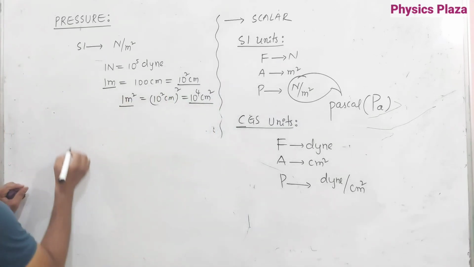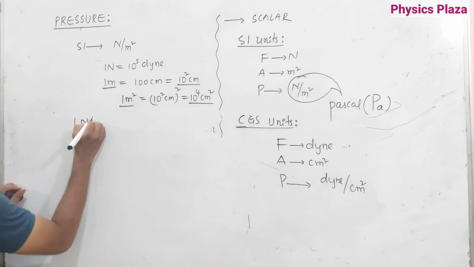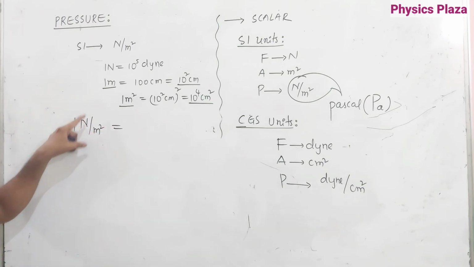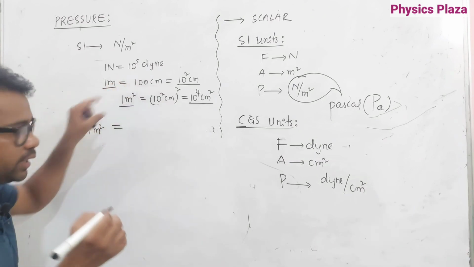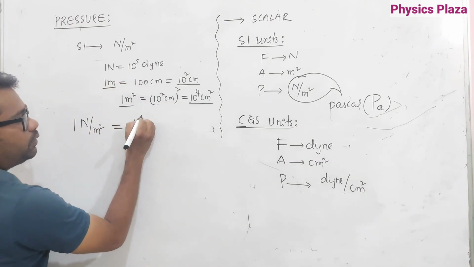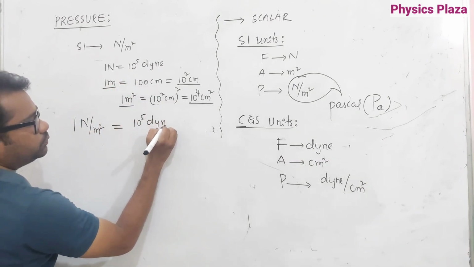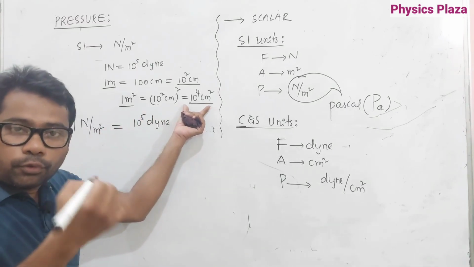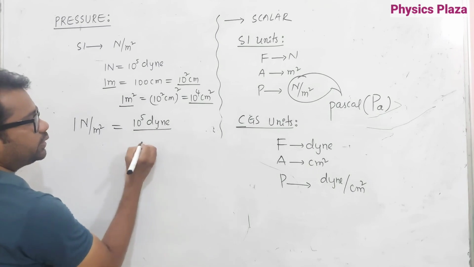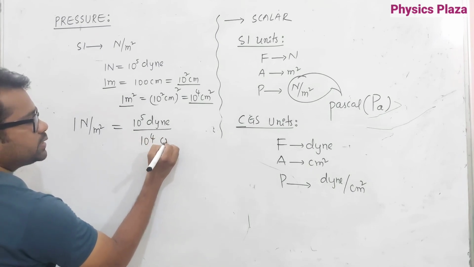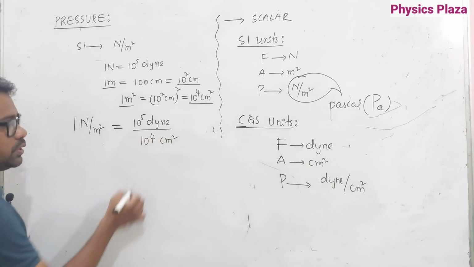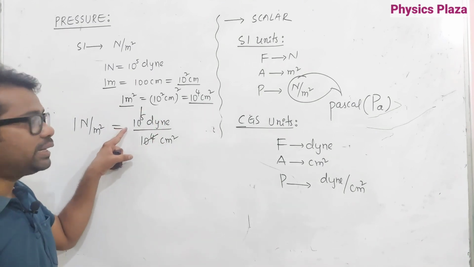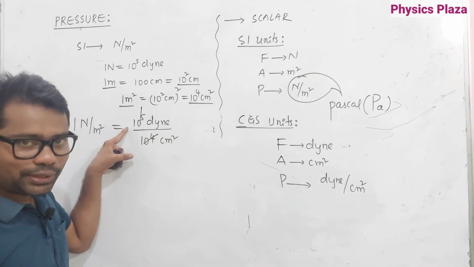Fine. Now let us see, children. 1 Newton per meter square is equal to, in the place of Newton, you can substitute 10 power 5 dyne, and in the place of meter square, we can substitute 10 power 4 centimeter square. Not understanding?